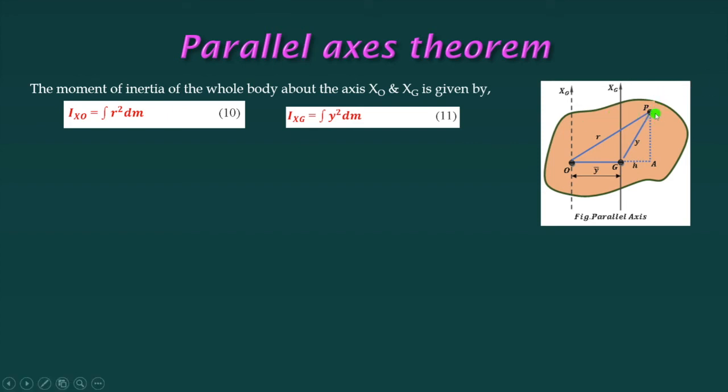Then what are the coordinates? The distance from G is y, the distance from O is r. Then by definition, IXO means about this axis, if the body is rotating about this axis.